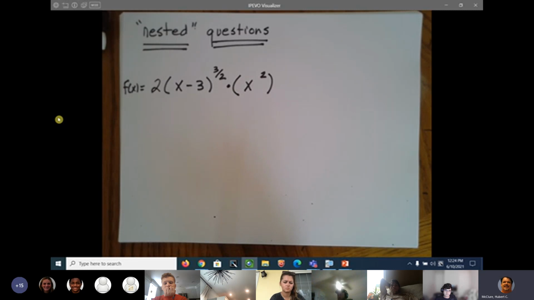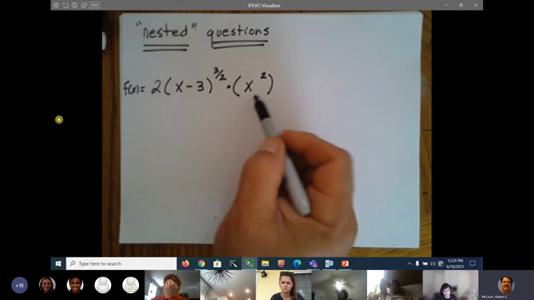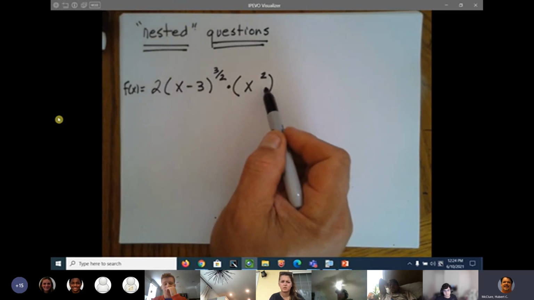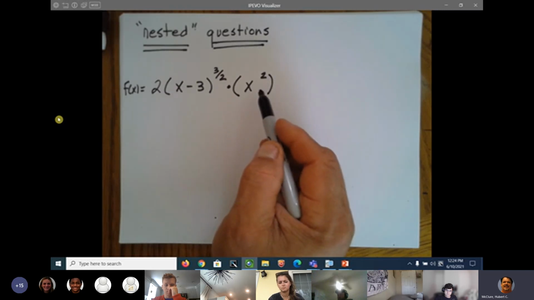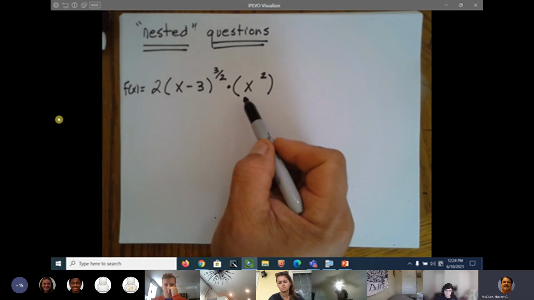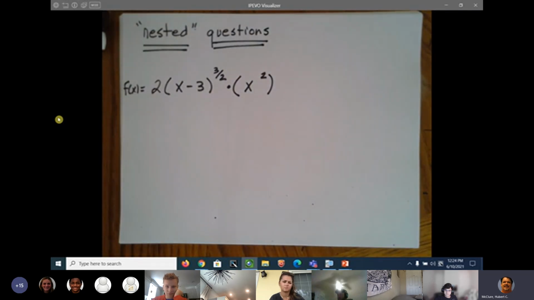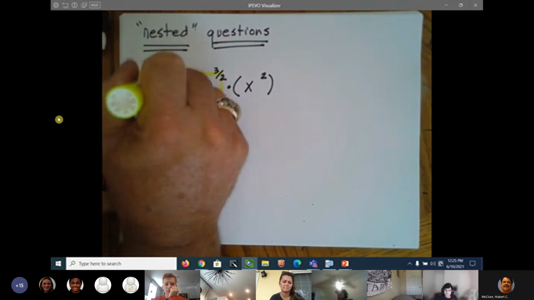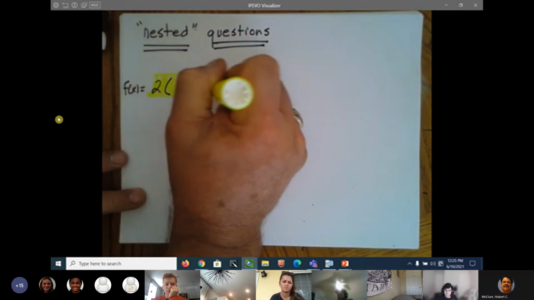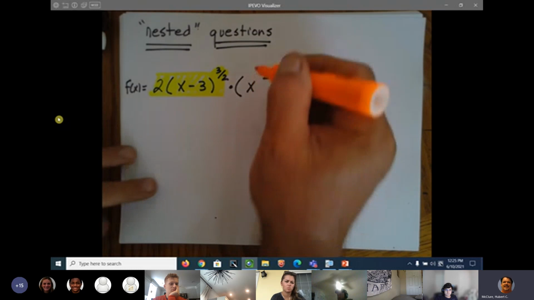Okay? So I've got to multiply this by this. Now, I could easily have made this x minus 1 quantity squared, but I just made it x squared because I wanted to make it easy on you. So let's go ahead and do first, and I'm going to highlight this one as the first. That's the first. And this is the second.